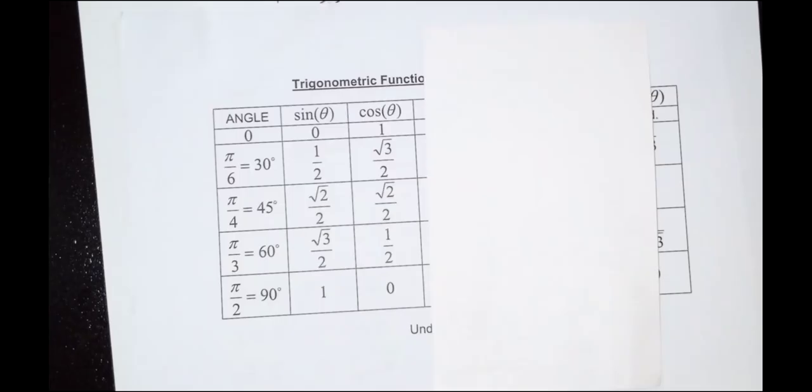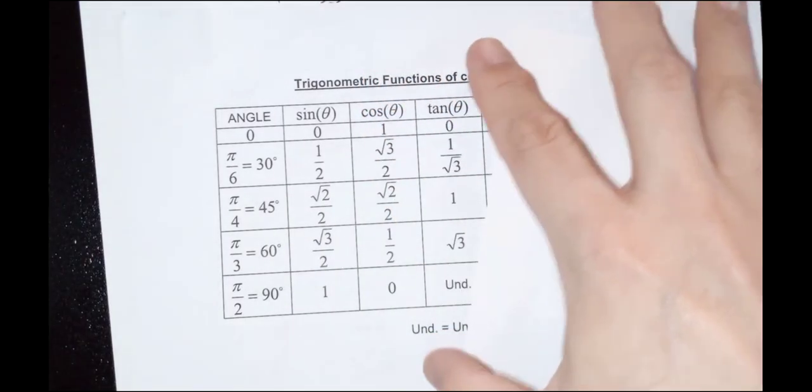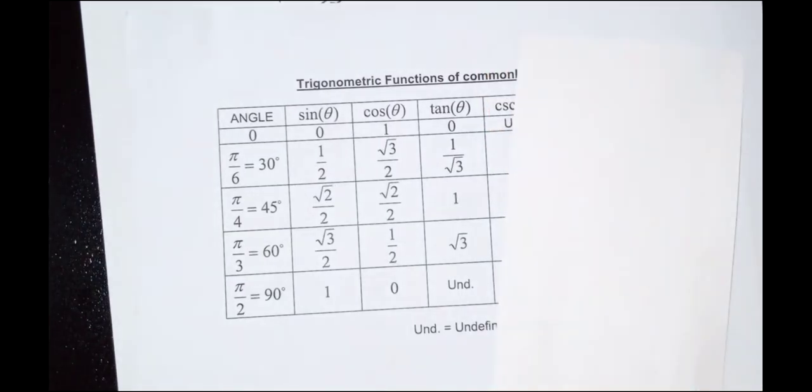I could spend an hour trying to memorize this table. Or I could remember the trick on how to count to 4 and which one to start from. How do I get that one? Well, this requires me to either memorize this table or to think about the relationships trig functions have with each other.